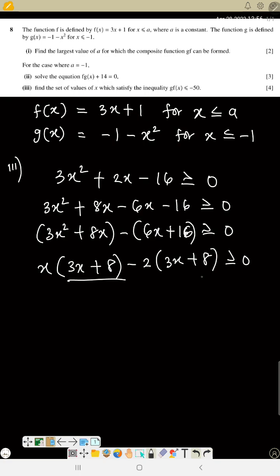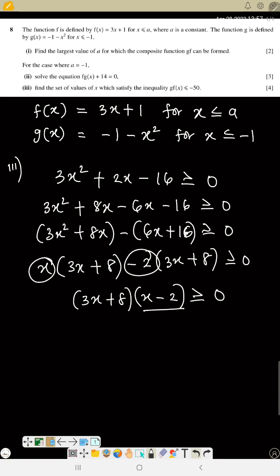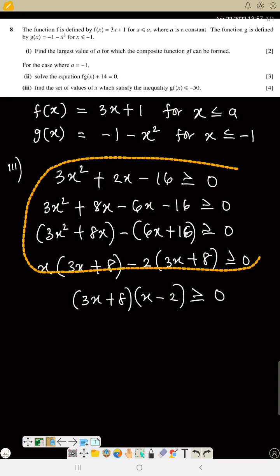So now this and this are alike, so this becomes 3s plus 8 times s minus 2 is greater than or equal to 0. Take the outside one, s minus 2, and also take one of this, 3s plus 8. To do this with normal proof in inequalities and show the full workings, we have to draw a number line. But I've actually solved this without a number line.